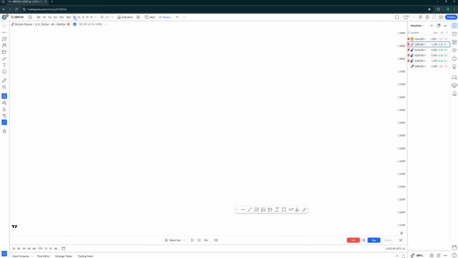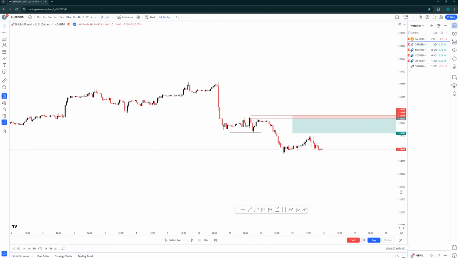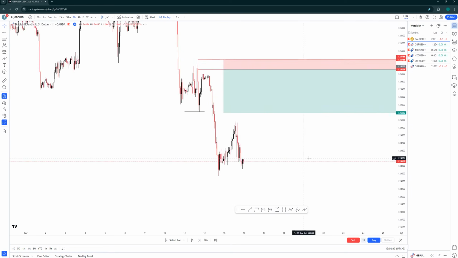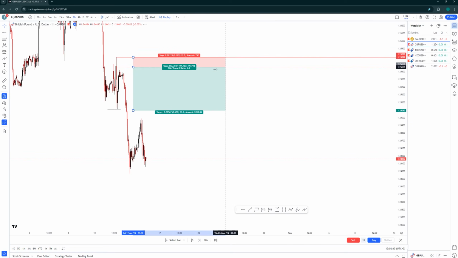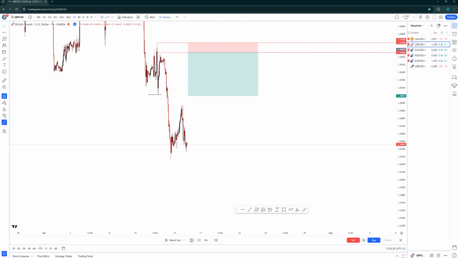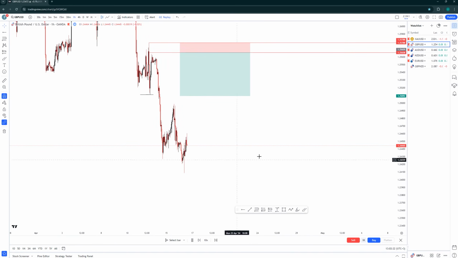It is called the RCB. So yes, like that. So let's see how this price reacted.